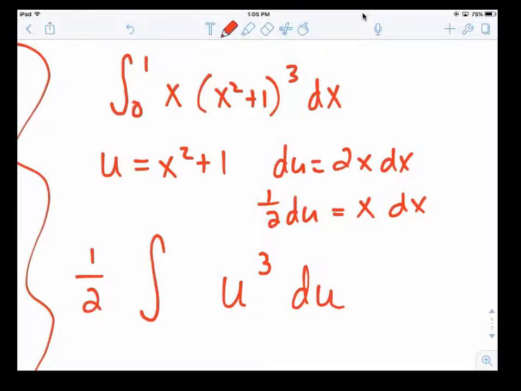Now, in order for this to work, I have to change my upper and my lower bounds so that they are also in terms of u. This is in terms of x, and that's in terms of x. So we want to change the upper and the lower bounds. When x is equal to 0, u is going to be what? 1.